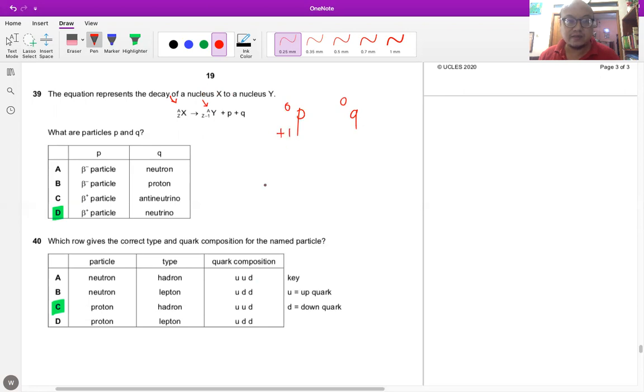So it becomes Z, and here is 0. So from this, this is a beta particle, beta positive.